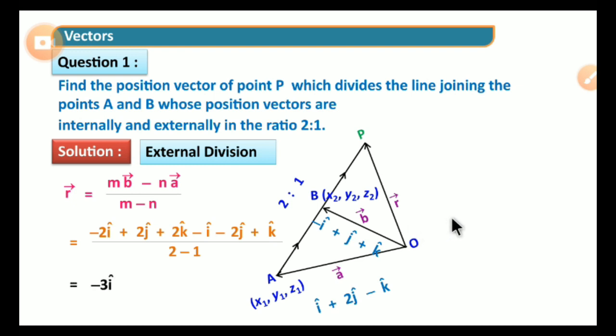After the simplification, minus 2i minus i means minus 3i, next 2j minus 2j becomes 0, and 2k plus k becomes 3k, and in the denominator 2 minus 1 is 1, so we are not writing it. So R vector is equal to minus 3i plus 3k, which is the position vector of the point P which divides the line joining AB externally.